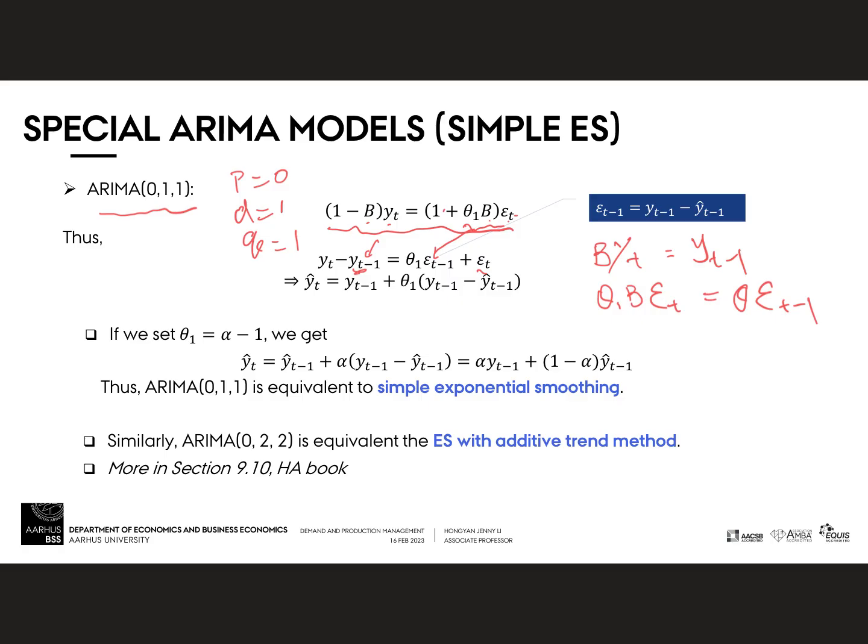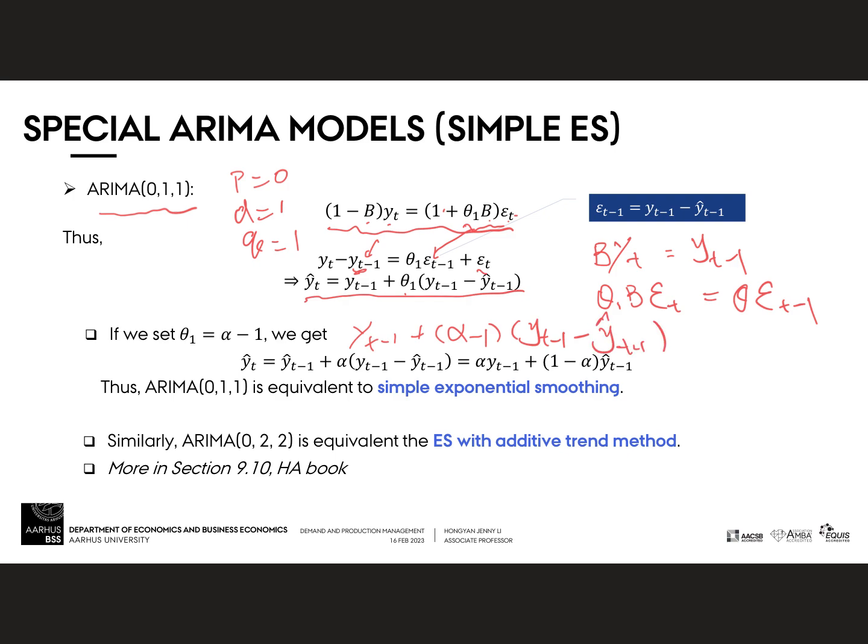After we get the equation, you replace the theta value by alpha minus 1, and rearrange this formula. You just open this bracket. You have yt minus 1 plus alpha minus 1 times (yt minus 1 minus y hat t minus 1).